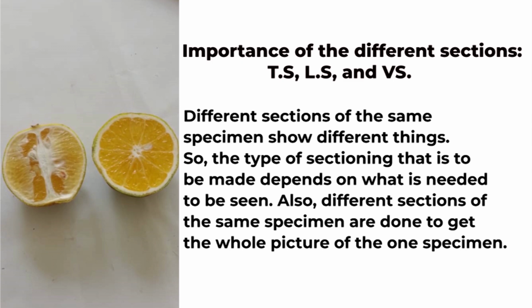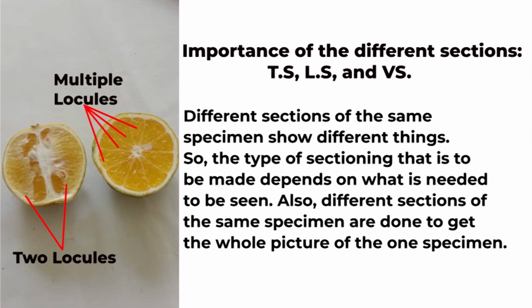Look at the specimen again. You see that the LS has only 2 locules. The TS has a lot of locules of the same fruit. So different sections show different things about the same specimen.